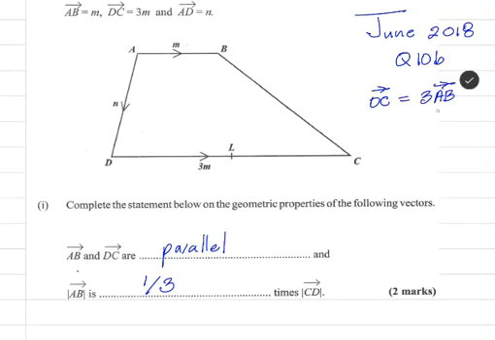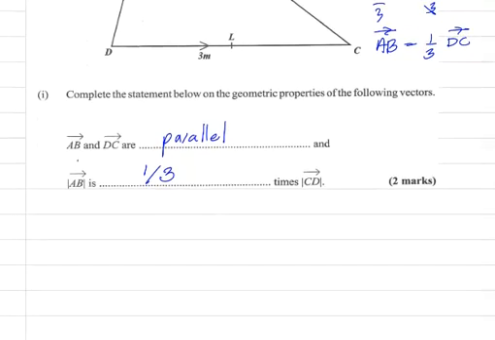So dividing both sides by 3, we can say that the vector AB is one third the vector DC. Dividing by 3 is the same as multiplying by one third. So that's the first thing.